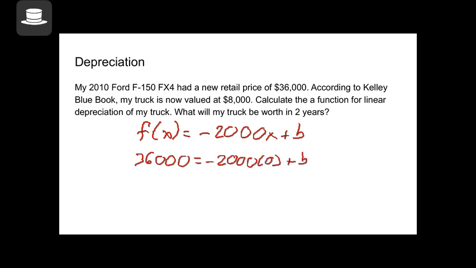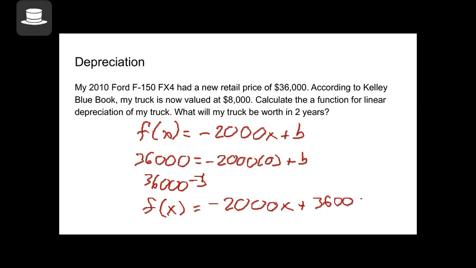So then I can see that b is just equal to 36,000. So I have a function rather, f of x equals negative 2,000x plus 36,000, and that would be the function that would represent my truck.